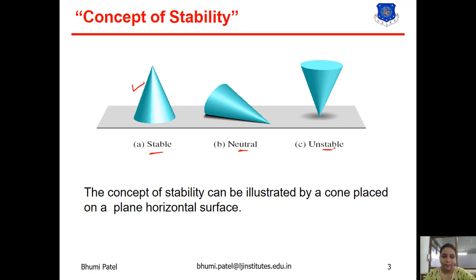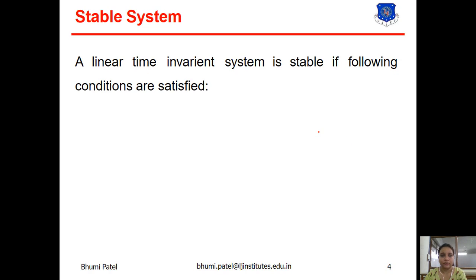The concept of stability can be illustrated by a cone placed on a horizontal plane surface. If you put the cone in the first manner, the cone is called a stable system, and if we put the cone in this manner, it is an unstable system.